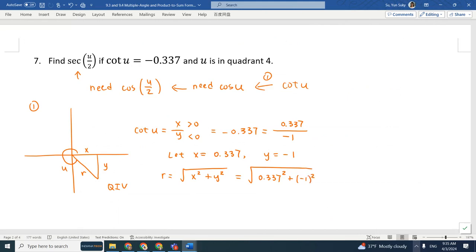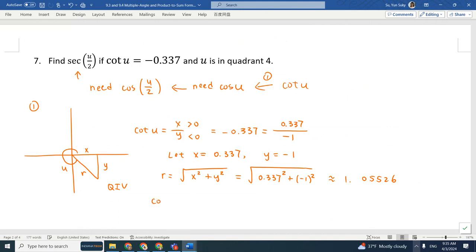If you get a decimal that is not a nice number, I won't require you to give me an exact answer. Plug it in your calculator and give me 5 decimal places: 1.05526. So this is r.